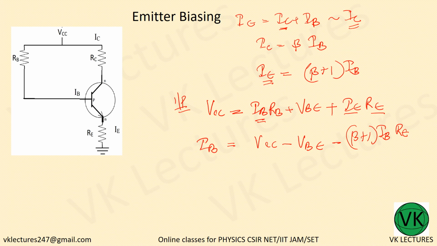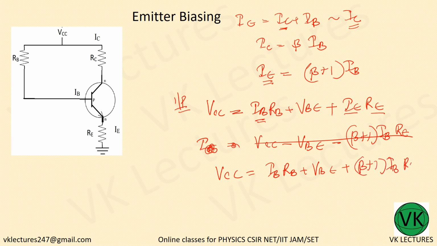Wait a minute. We will write it like this. VCC equal to IB times RB plus VBE plus, instead of IE, beta plus 1 into IB times RE.